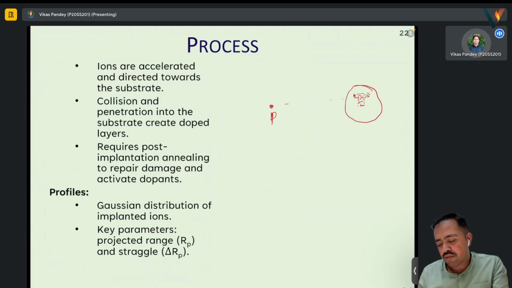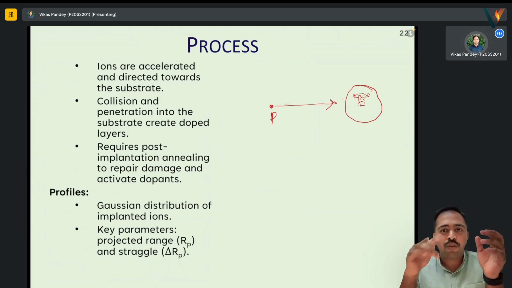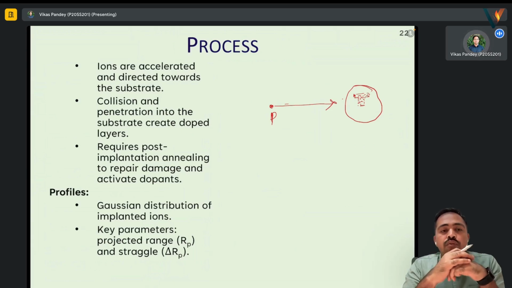They will just be directed at the places where they are wanted. The ions will be bombarded, not as a whole but at specific points wherever we want. It works with collision and penetration into the substrate, thus creating the doped layer.